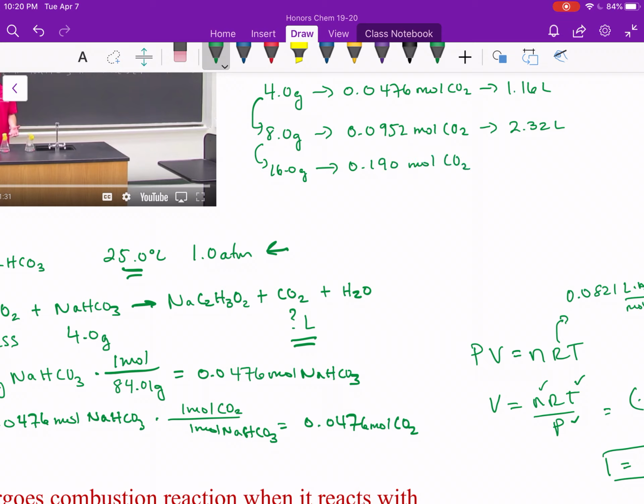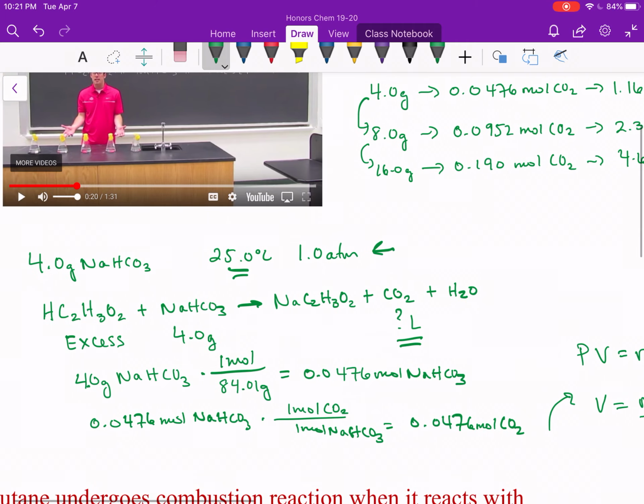So if we doubled that, keeping the temperature and pressure the same, we should get to the 4.64 liters. And again, this all assumes that my acetic acid was in excess, which it was in those first 3 balloons. Okay, so we can use stoichiometry, and then we can incorporate the ideal gas law to figure out a volume, as long as we have a temperature and pressure.